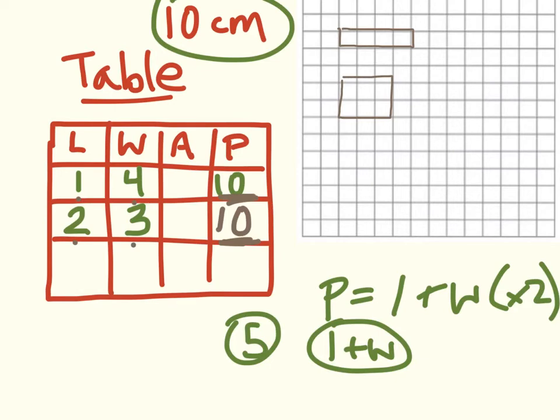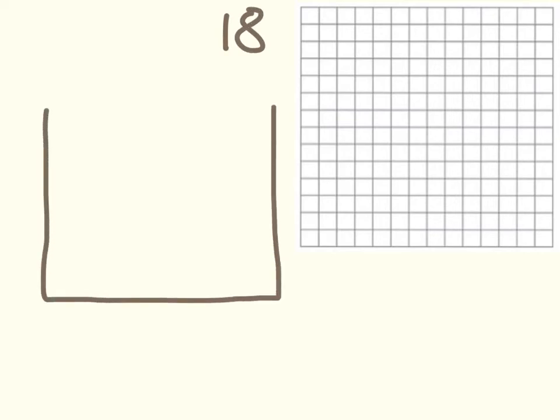Excellent work. Let's try another example together. Let's create some rectangles with a perimeter of 18. So I'm going to start by making my table nice and neat.